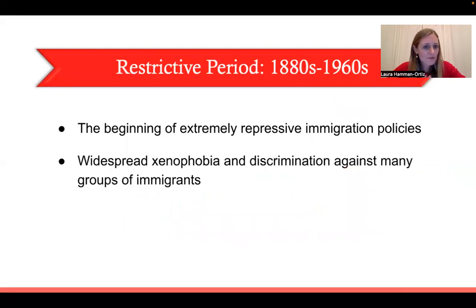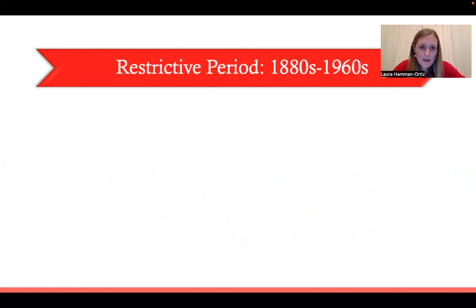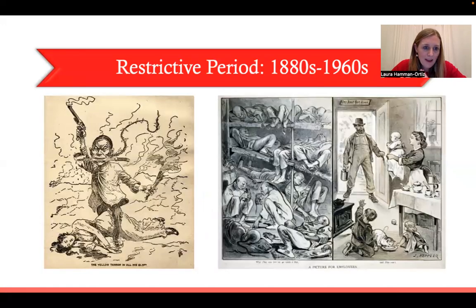So we saw these policies that were extremely repressive and also widespread xenophobia and discrimination against many different groups of immigrants during this time period. And I wanted to share a few political cartoons that I think illustrate some of the sentiment that was taking place during this era.